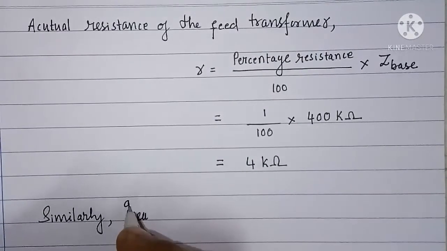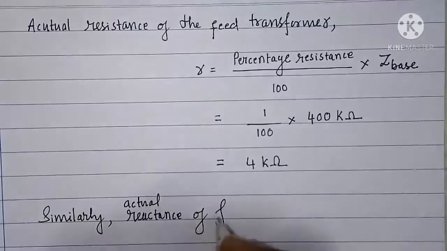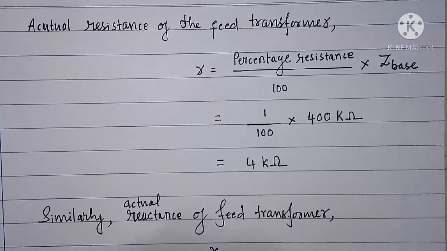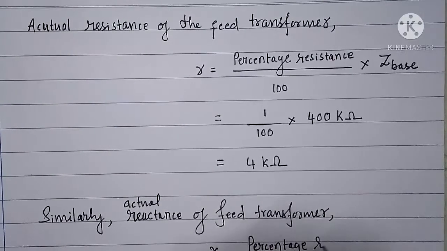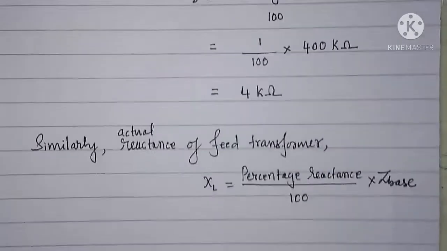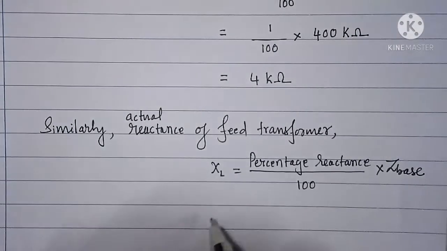Actual reactance of feed transformer XL is equal to percentage reactance by 100 into Z base.